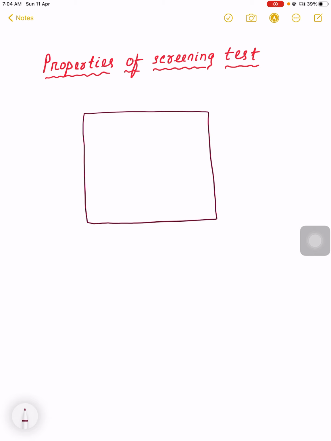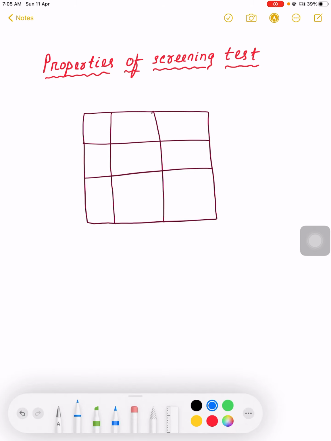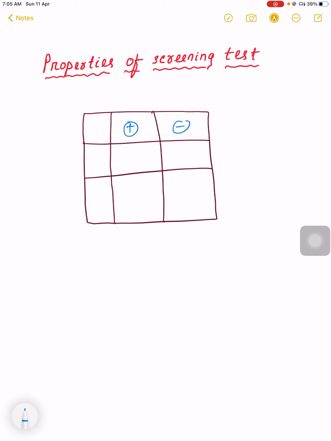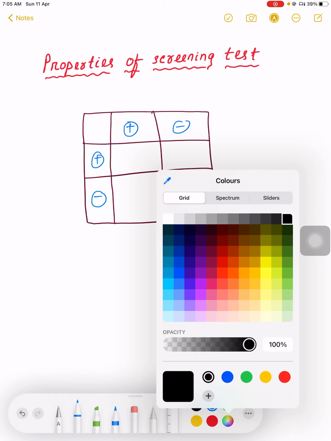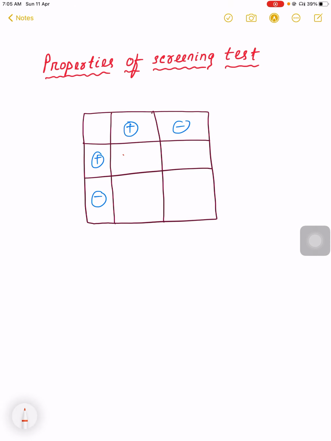Just remember this is the true positive, this is true negative, and this part is false positive, this part is false negative.